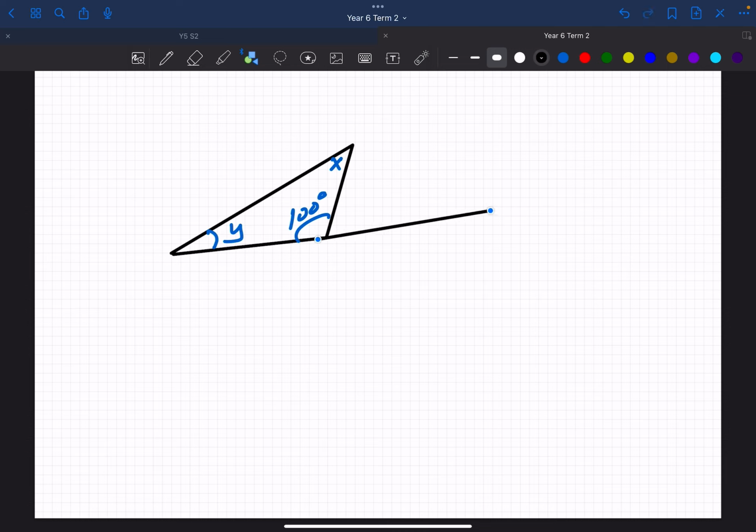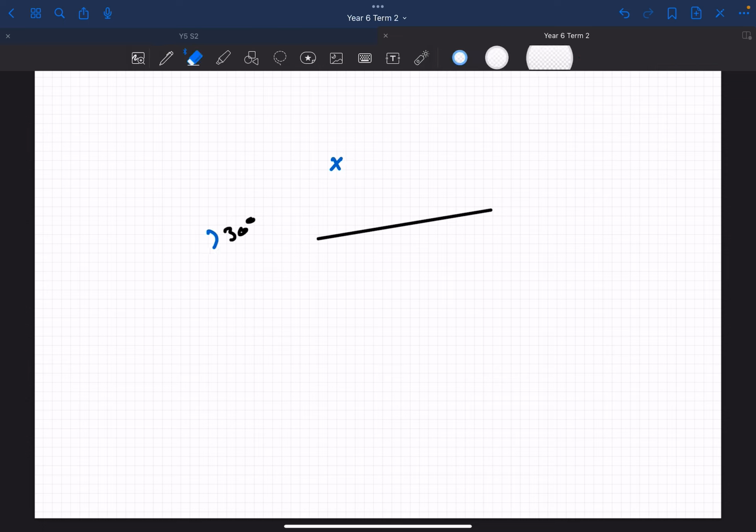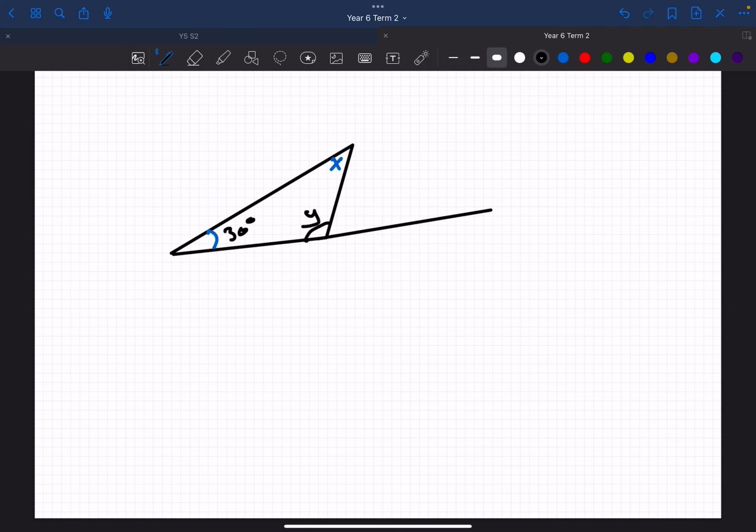Now, knowing this, if you know the external angle, which is, for example, let's say 80, calculate the internal angle.